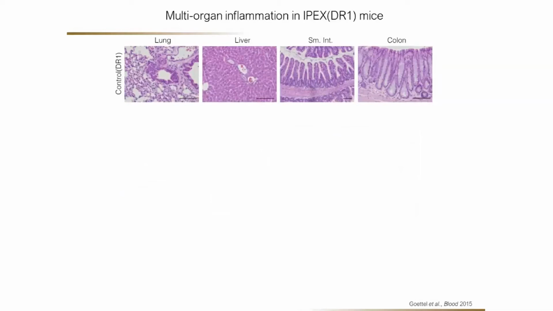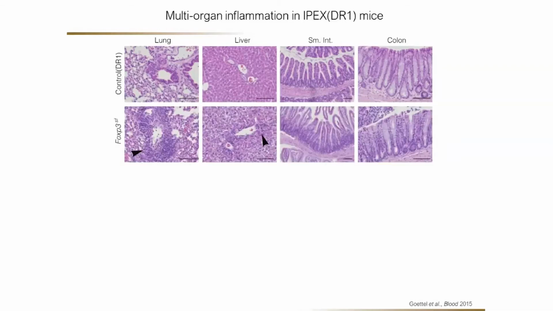Here I'm showing several different histological images from different organs, including lung, liver, small intestine, and colon. If you take healthy control stem cells and reconstitute these DR1 animals, you see that there's really no appreciable inflammation in any of these compartments.